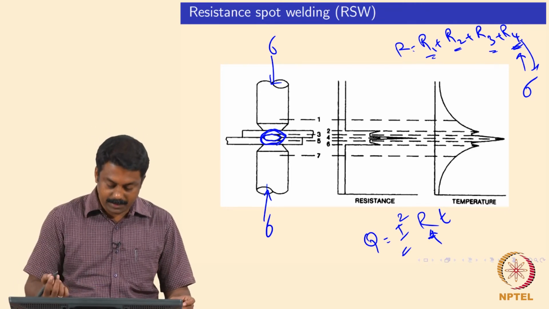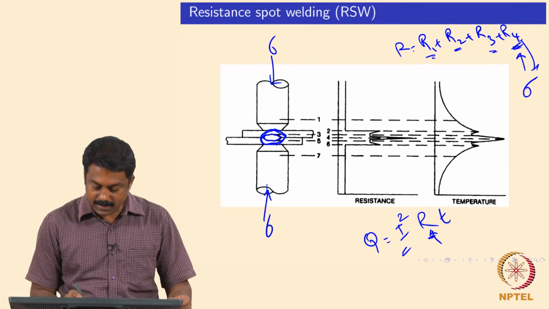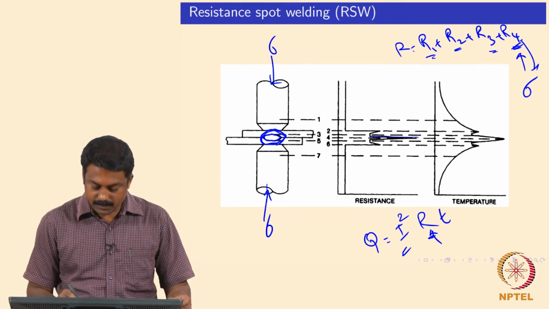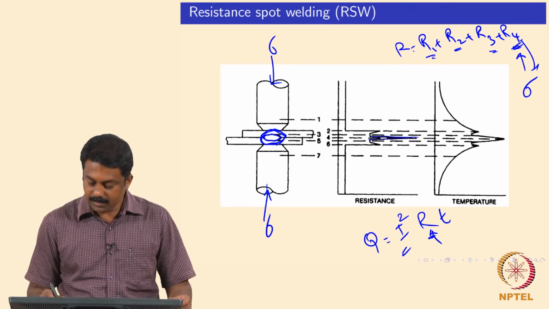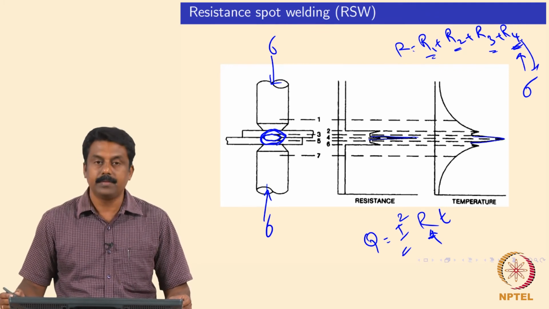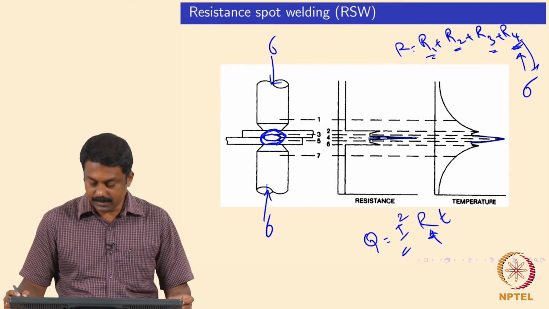So, if you look at the temperature distribution again, you will have maximum heating. So, resistance you expect at the interface, therefore, the maximum temperature at the interface, right. It is clear.